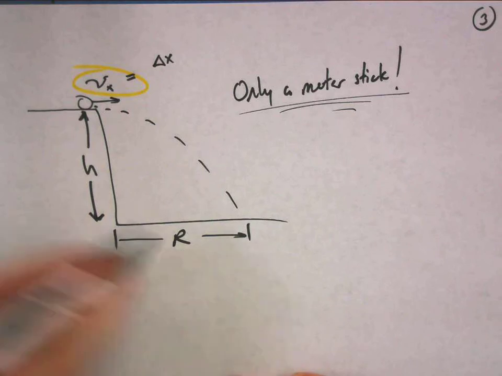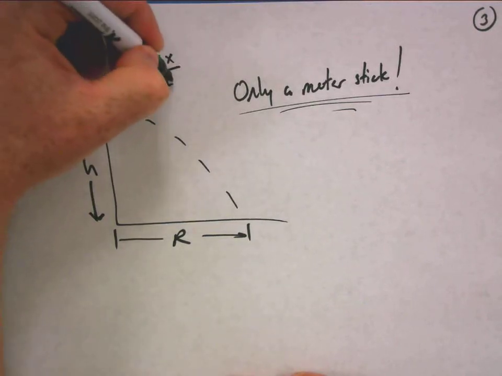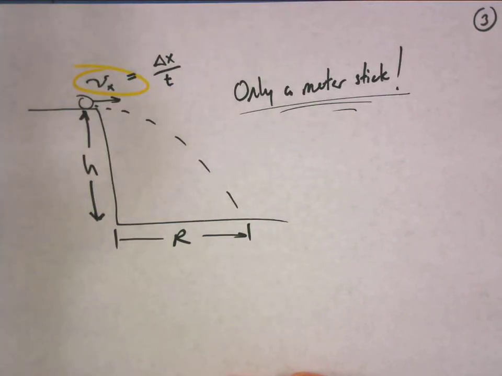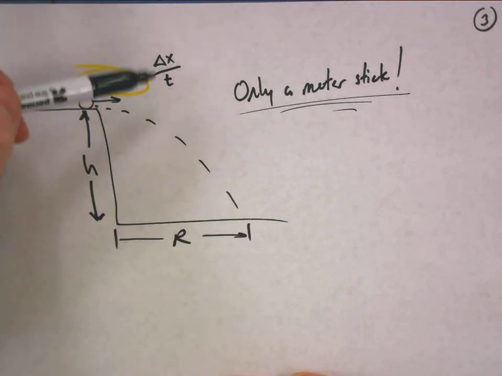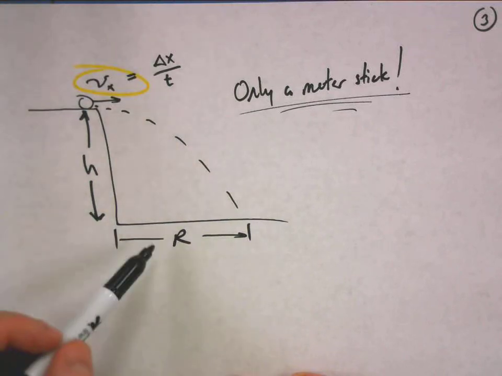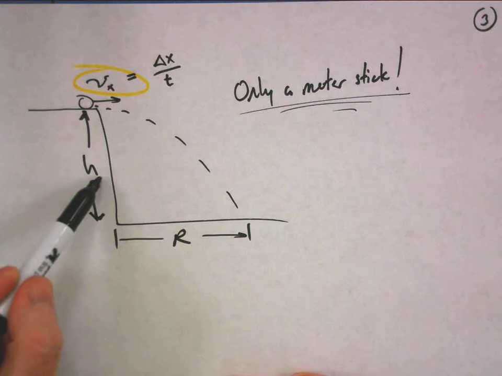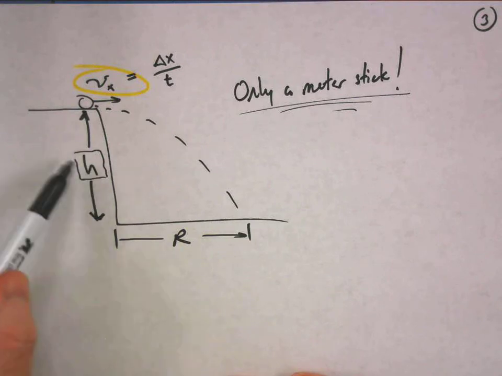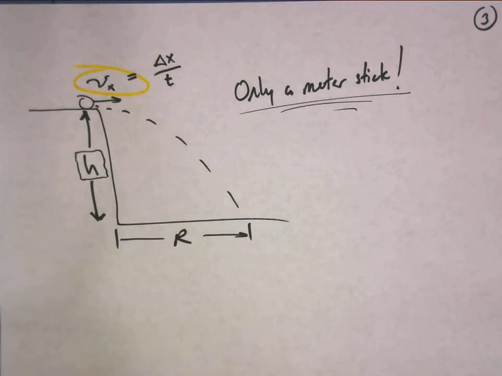Well, you could measure that. And you're going to need time. But you can't measure time. You can only measure distances. Hint, hint, hint. Okay, I'm going to leave you with that. I'd like you to think about that and try to figure this one out.